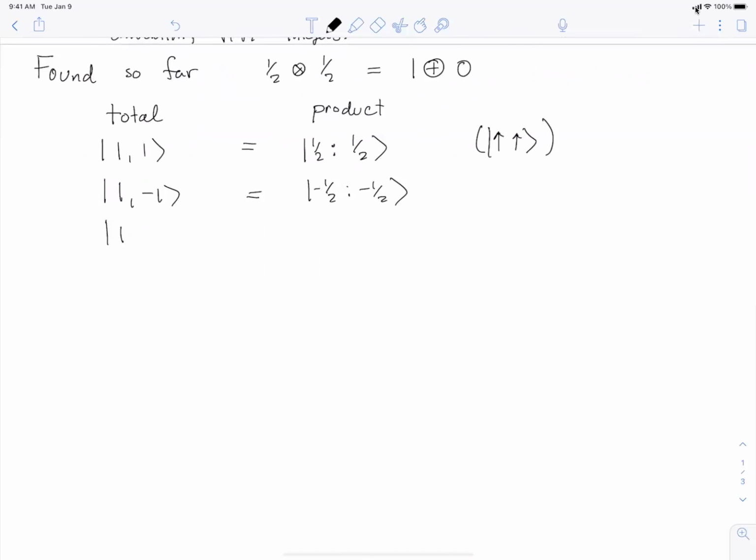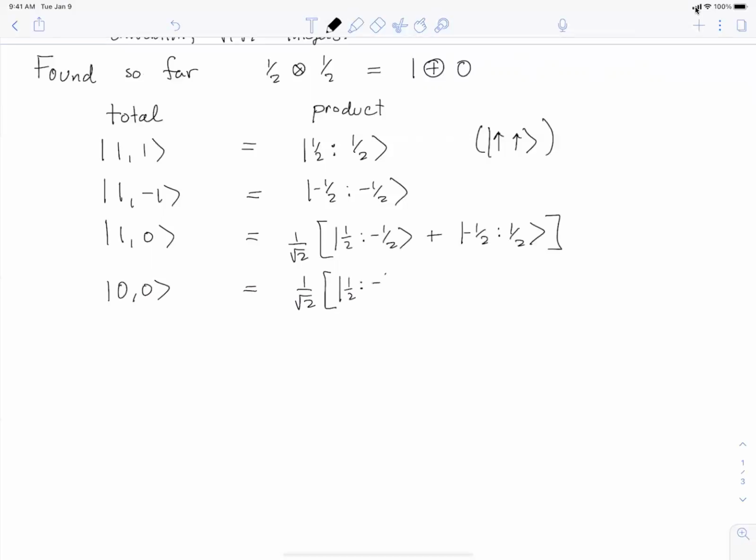And then there was 1,0, which was 1 over the square root of 2, times 1/2 colon minus 1/2, plus minus 1/2 colon 1/2. And then we had 0,0, which in the product basis was this orthogonal linear combination, with a minus sign.